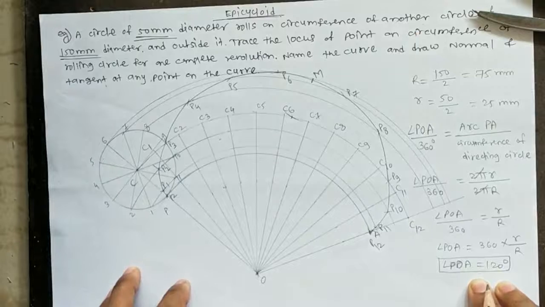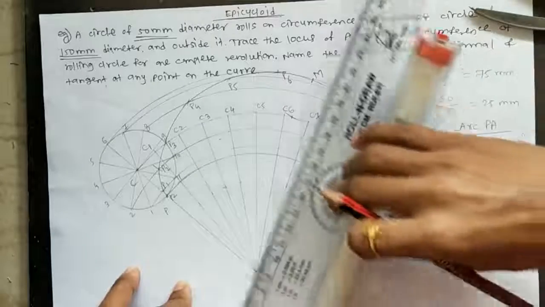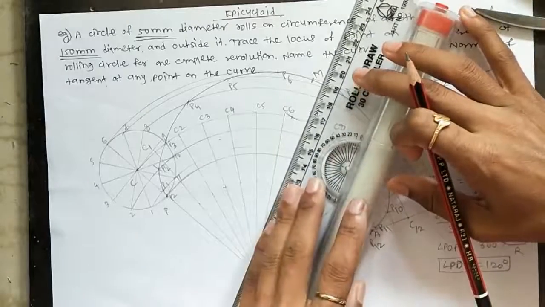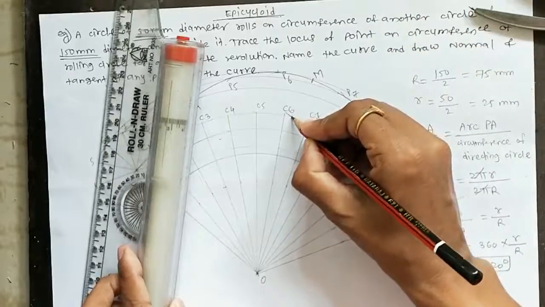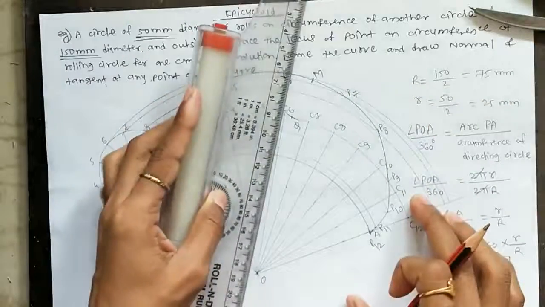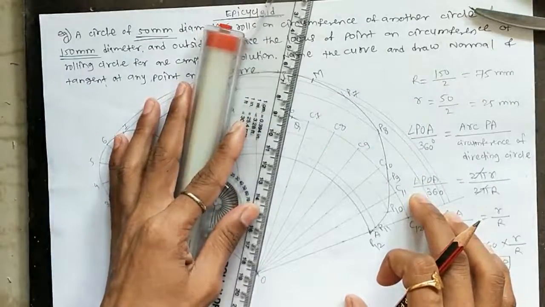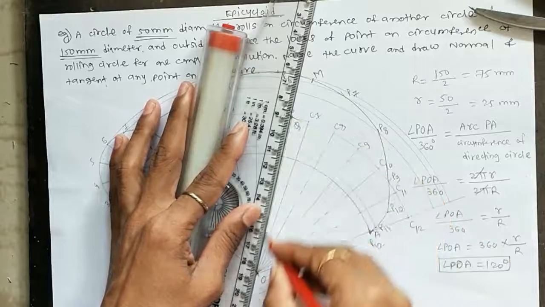Then say the point is Q, then join OQ line.